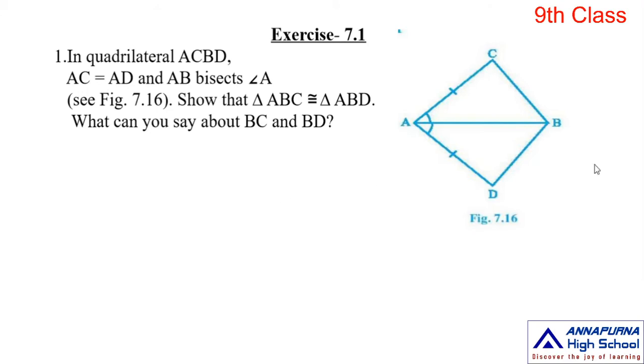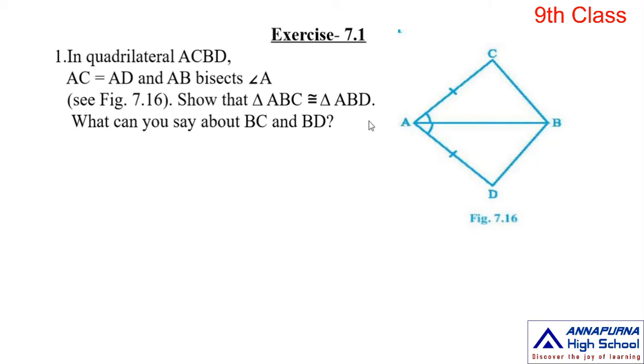Okay, see the figure. ACBD is a quadrilateral having four sides. These two sides are equal, AC is equal to AD. And AB bisects angle A, that is, angle BAC is equal to angle BAD.